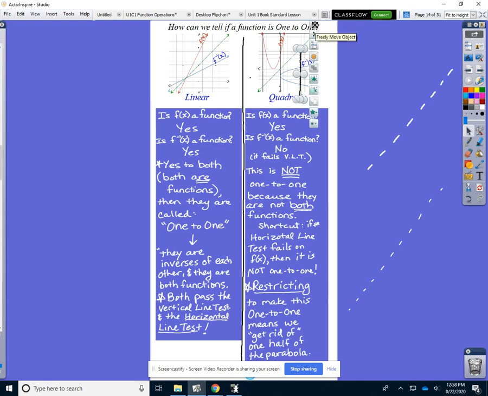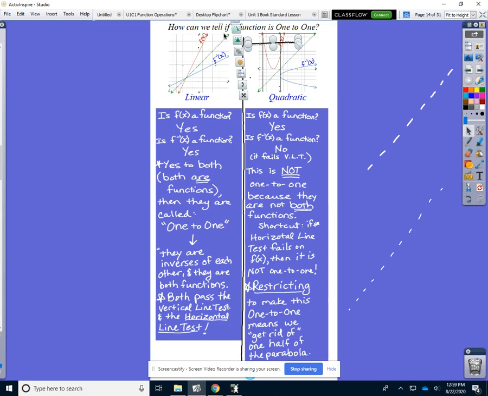Well, I have written down shortcut. If the horizontal line test fails on the original, then it's not one-to-one. Okay, so let's turn this sideways, and we can see that the original function fails the horizontal line test. The horizontal line touches twice.